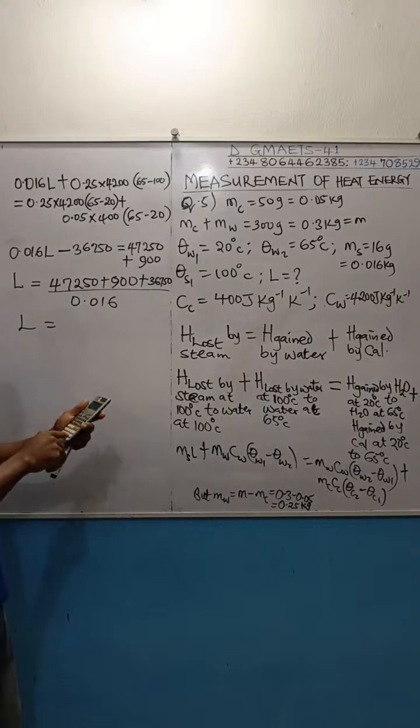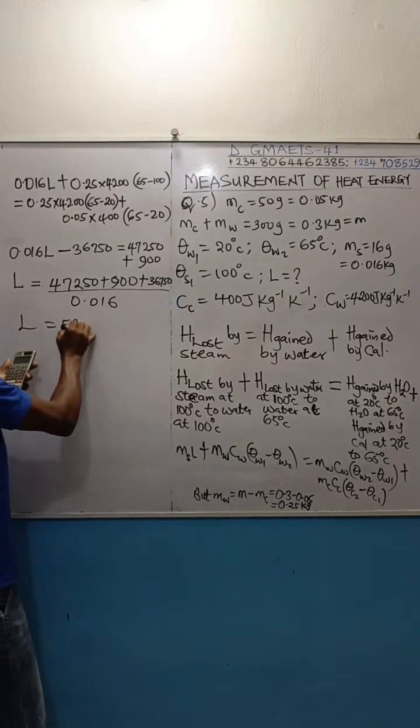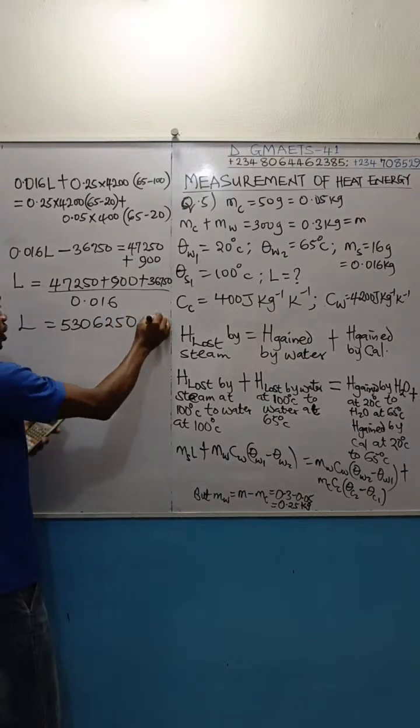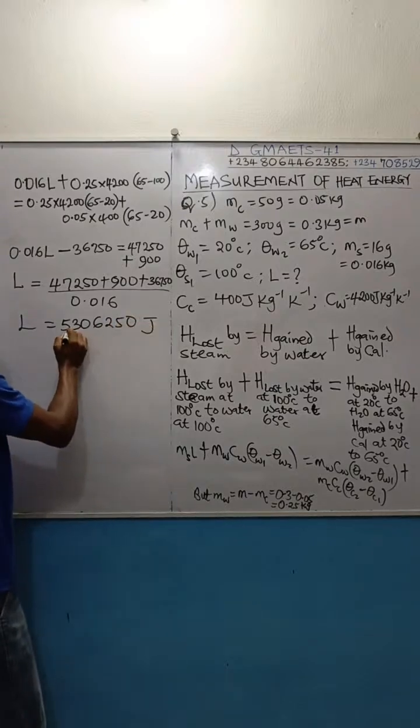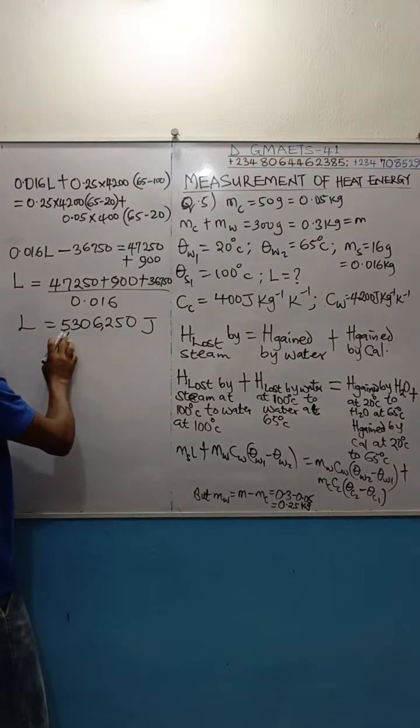So 900 plus 47,250 plus 36,750, divided by 0.016, and the value is 5,306,250 joule.